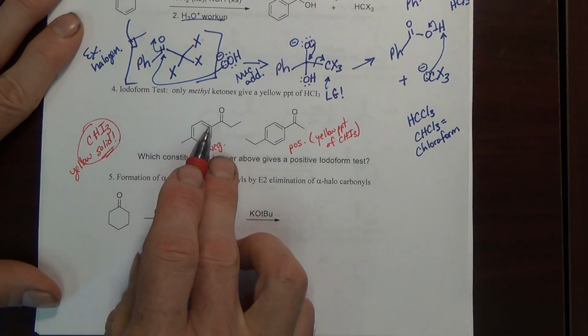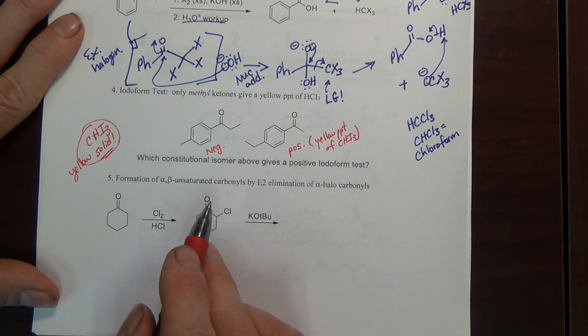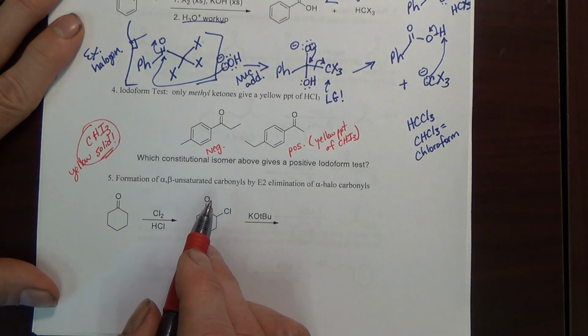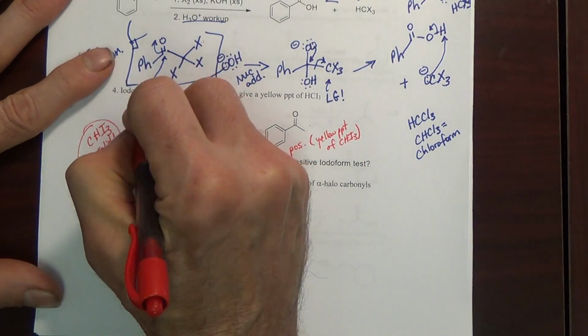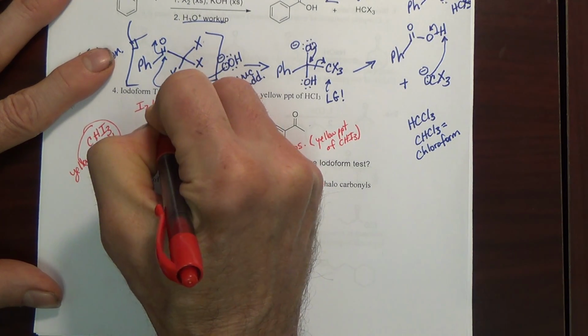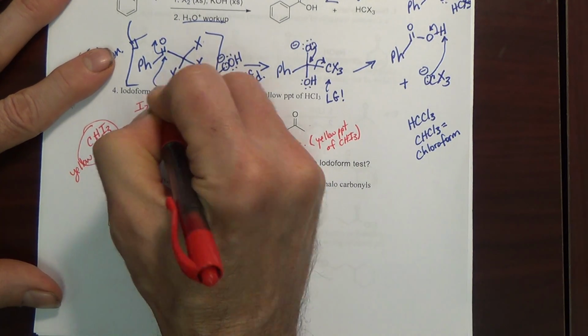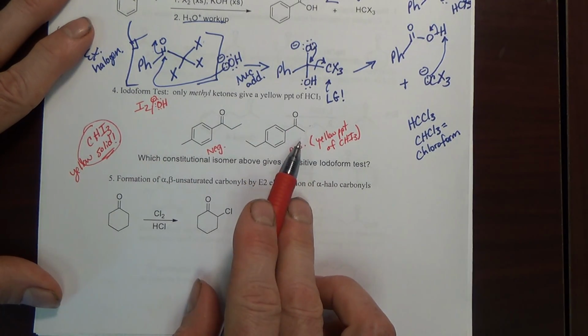Now by the way, it doesn't indicate here, but here we're using I2 and hydroxide. Obviously we need iodine if we're going to do iodination.